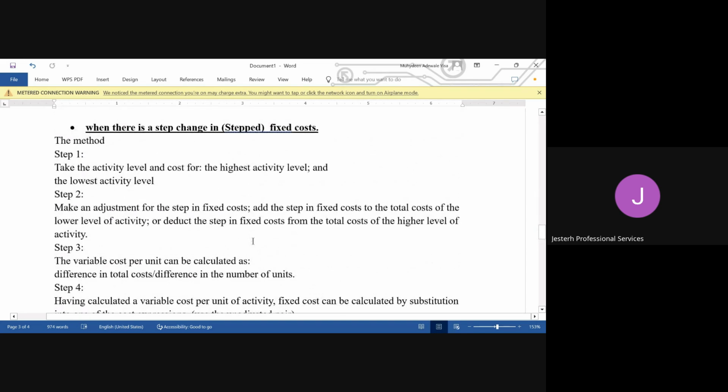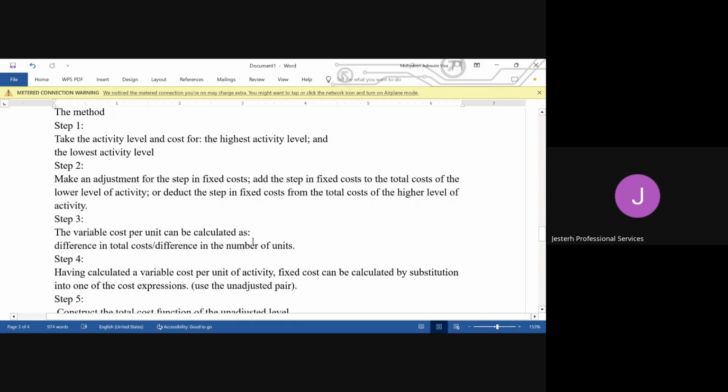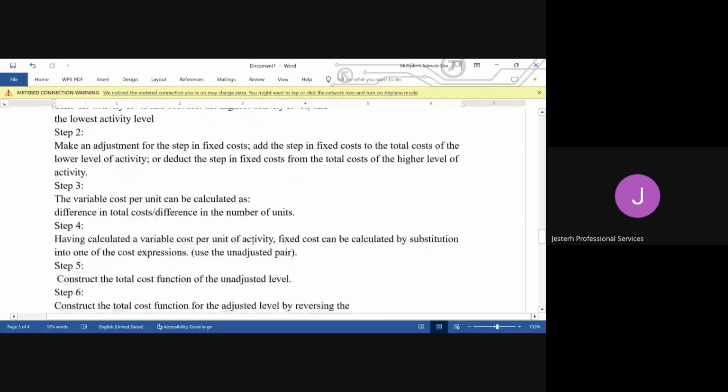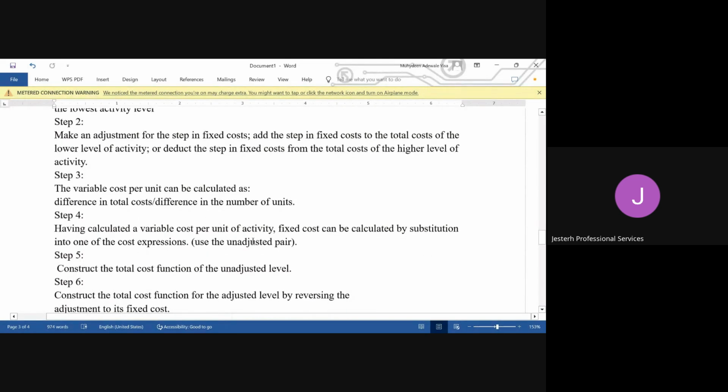Now, in this particular one, where there is a change in fixed costs, the step is still going to be the same, but the difference we need to know is making an adjustment whenever we have an addition to our fixed costs.